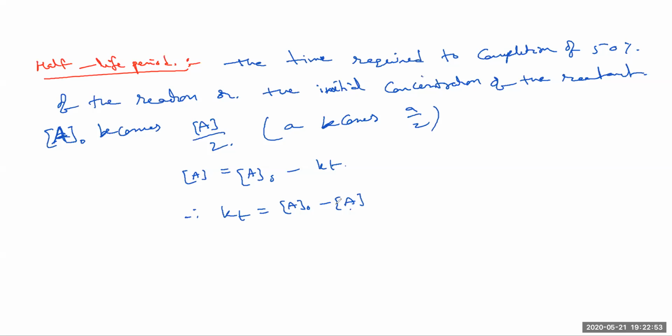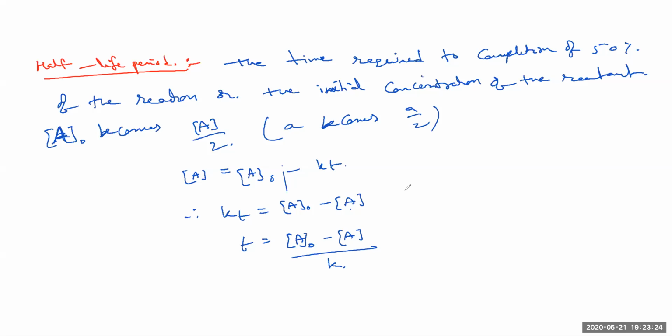So t is equal to concentration of A naught minus concentration of A, divided by k, right?